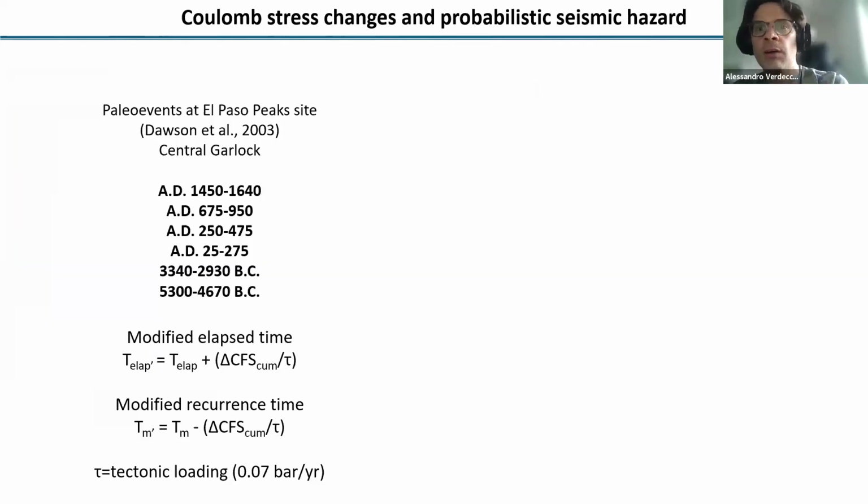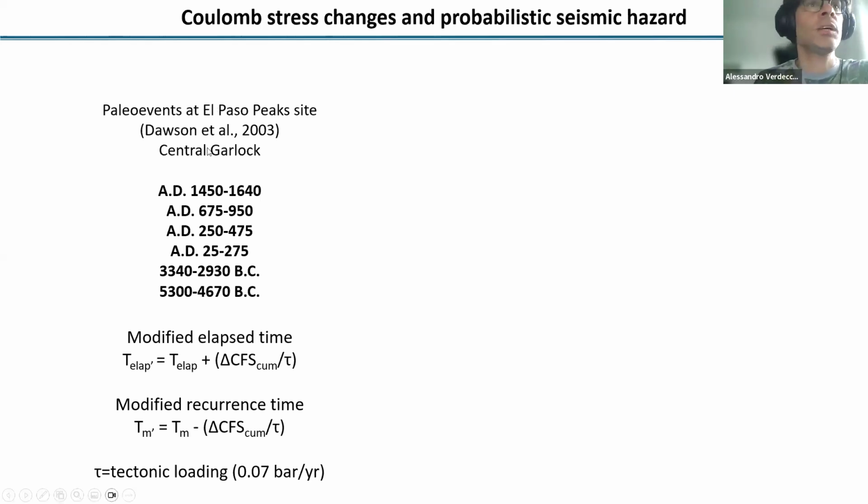So how do we include these stress changes in a probabilistic seismic hazard? First of all, we have to understand the recurrence times and the coefficient of variation of this recurrence time of the fault we are looking at, in this case, the central Garlock.